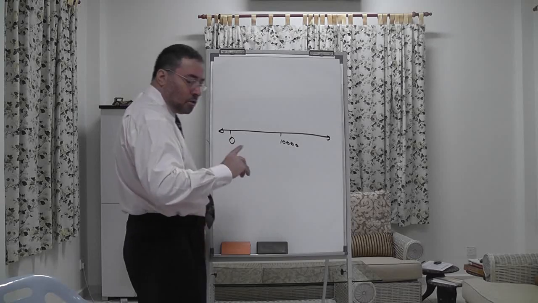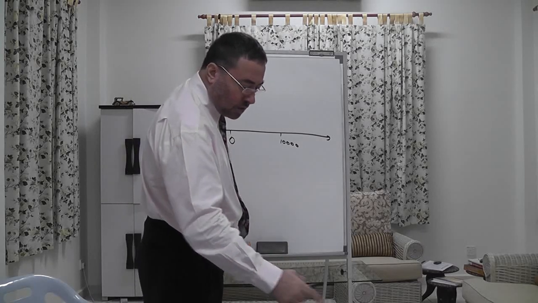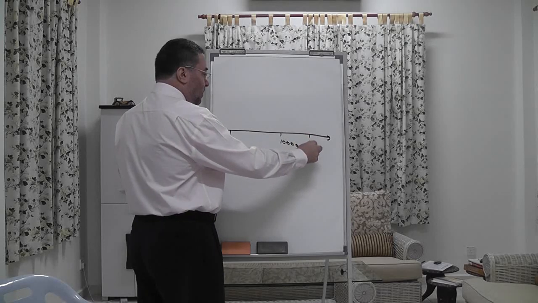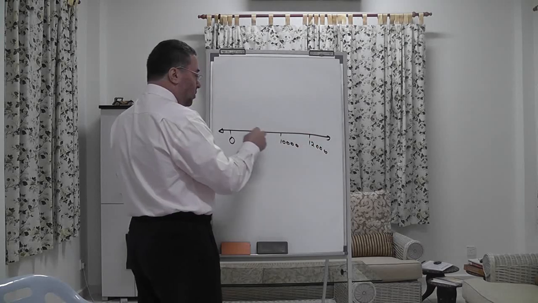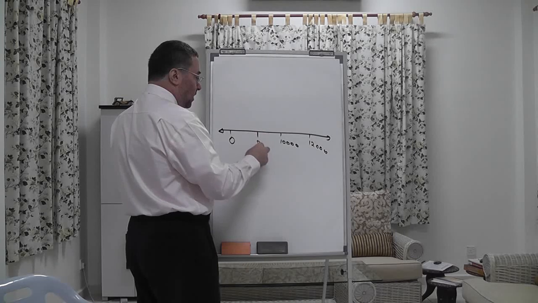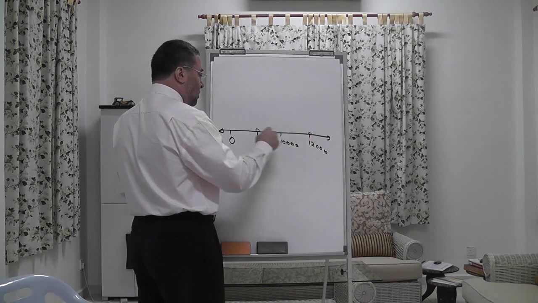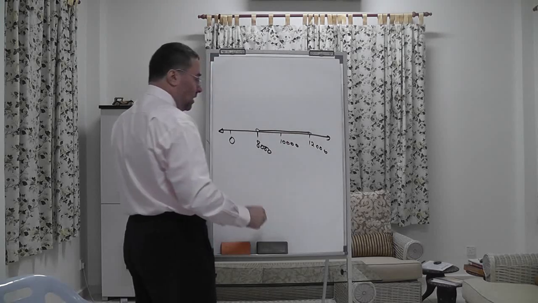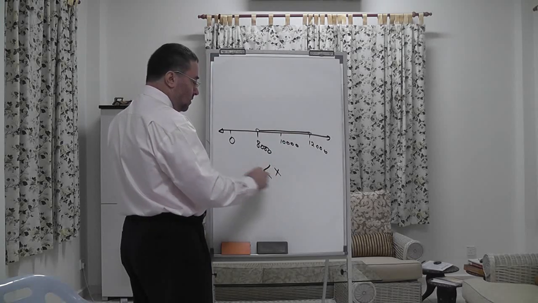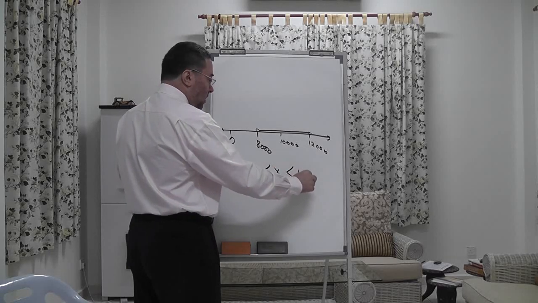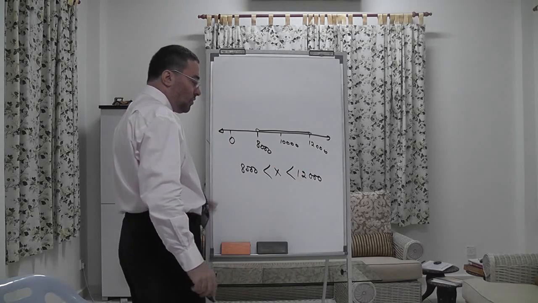It was within 2,000 of this number. And that will be 12,000, or 2,000 to this side, and that will be 8,000. And we have open circles here, and that's the answer. So x is between 8,000 and 12,000.